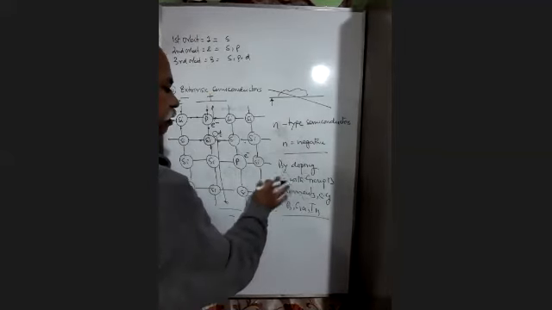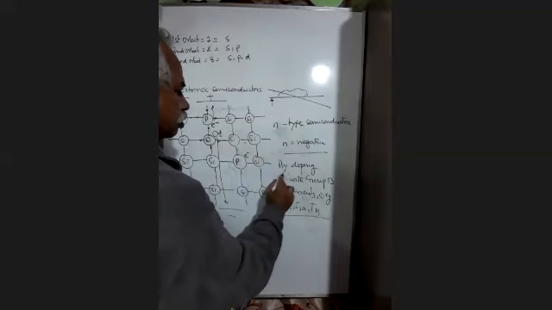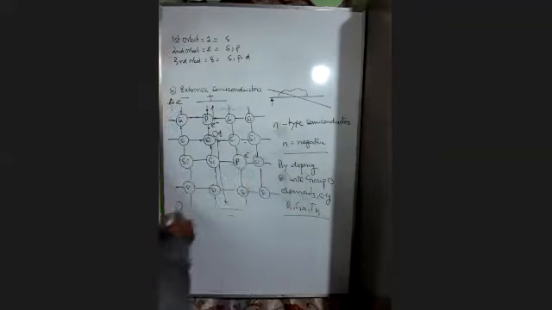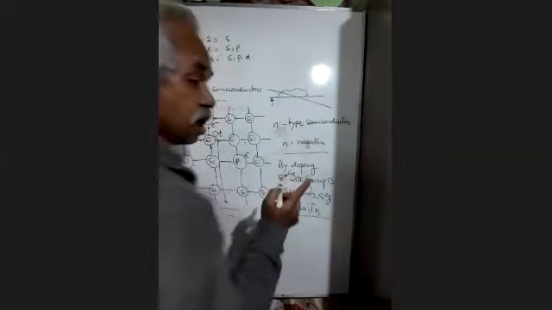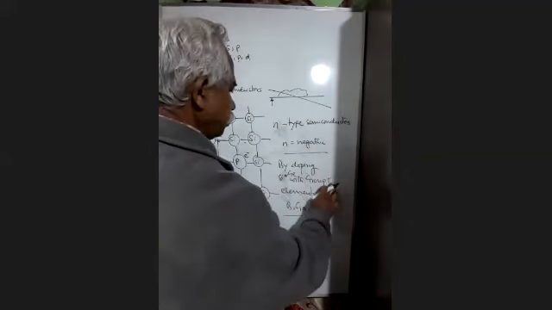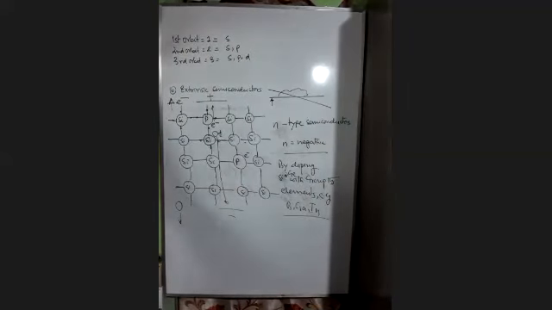How do you obtain it? By doping silicon or germanium with group 15 elements. In group 15, what are the elements? Nitrogen, phosphorus, arsenic, antimony.